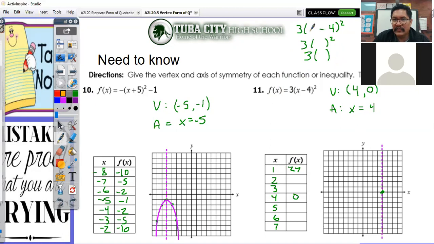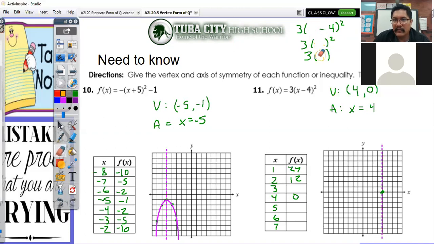Let's go ahead and get 2 in there. Well, it would be negative 2 in this case here because 2 minus 4 is negative 2. And if I square that, I get 4, which is going to make the next number here 12. And again, it's going to be off our graph, so that's not going to be very helpful.